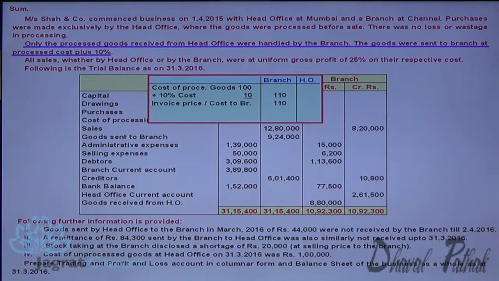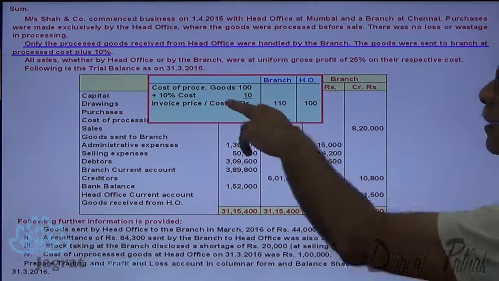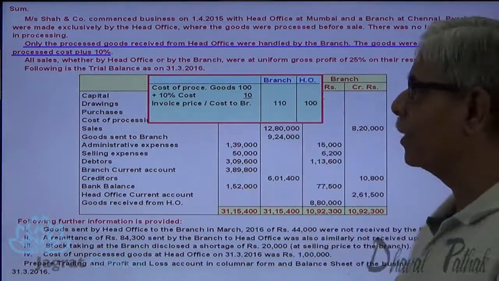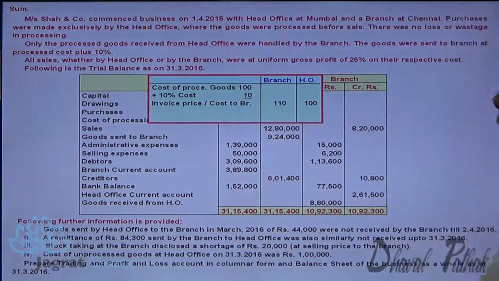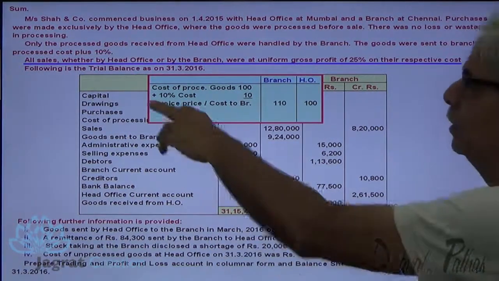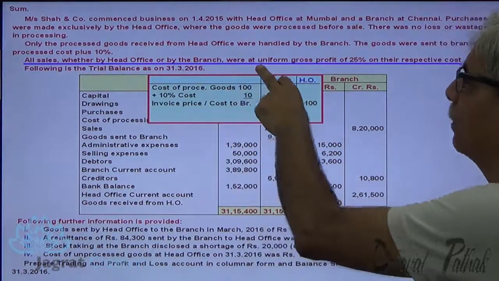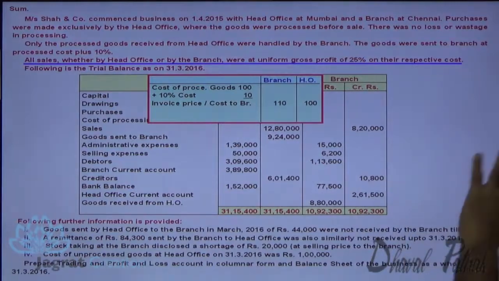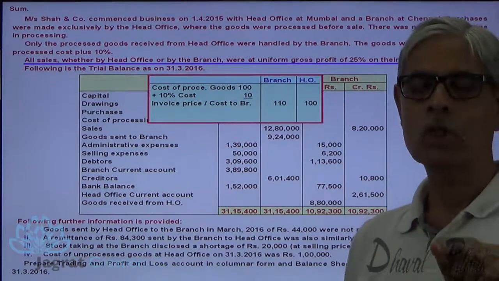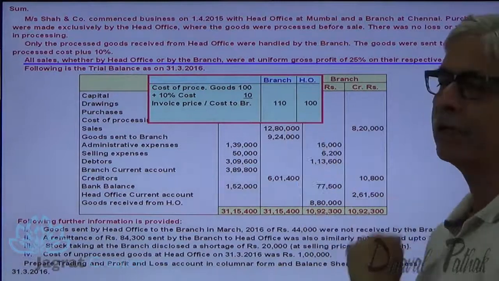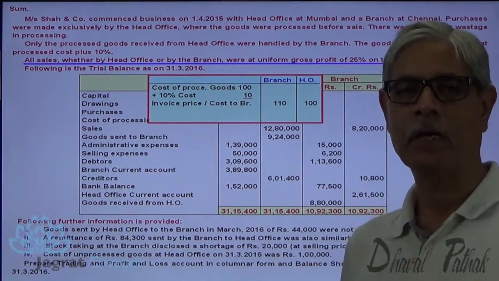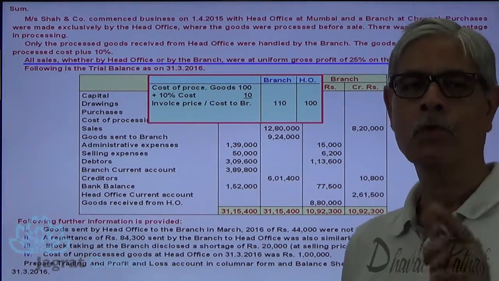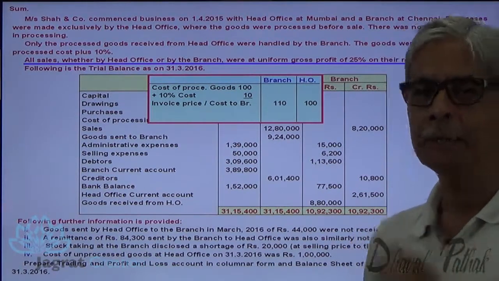So invoice price is 110. The same goods, its cost to HO is 100. All the sales, whether by head office or by branch, are at a uniform gross profit of 25% of their respective cost. Now, what is the cost for branch? 110. What is the invoice price for HO? 110. What is the cost for HO? 100.